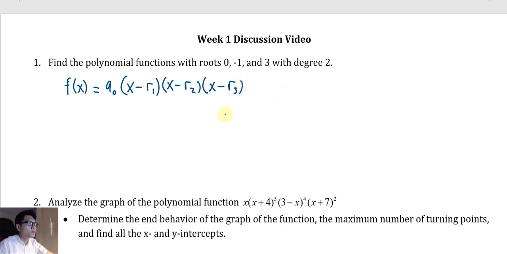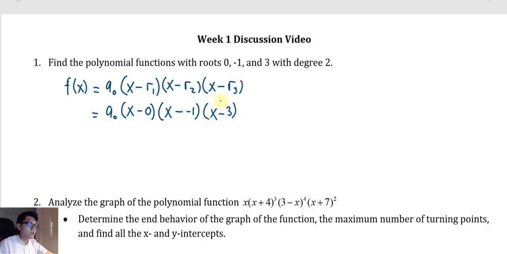Now the first root is 0, so r1 is 0, so x minus 0. The next one is r2, the second root, which is -1, so that should be x minus -1. Don't forget that we already have the minus in front, so double minus here. And then the last one, r3 is 3, so x minus 3.